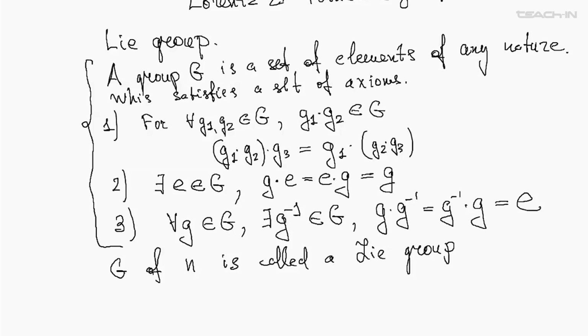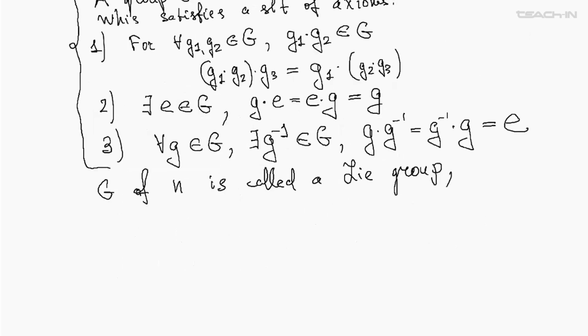So let me finish this writing. A manifold G of dimension L is called a Lie group if, first of all, G is a group, and second, the group operations are smooth.